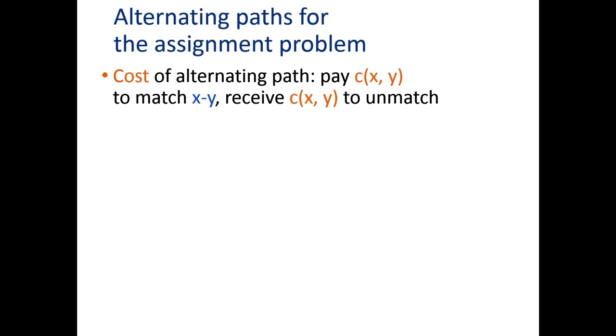Maybe I should have used the other part of the board, but anyway, this is what we have for now. Suppose my matching was red and I replaced it with green. How did my cost change? Well, I added the green costs and I subtracted the red costs. For the edges, this is the direction of travel of my path.